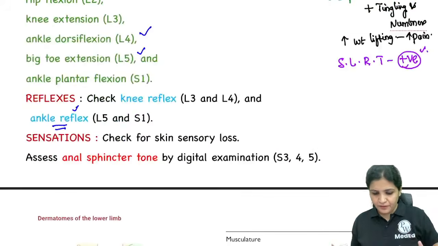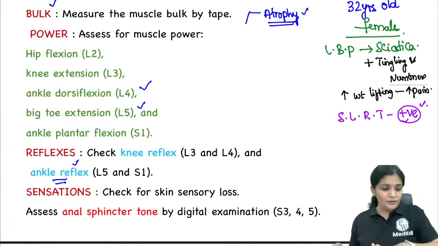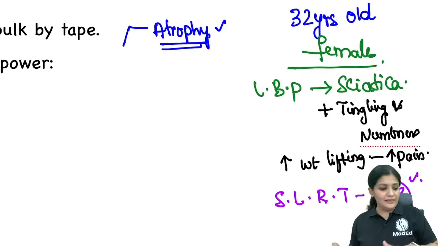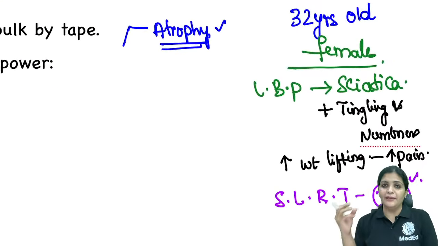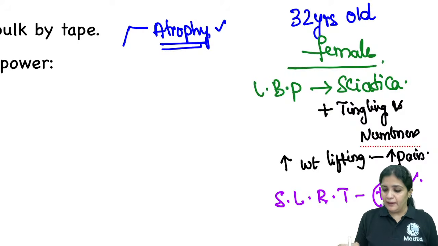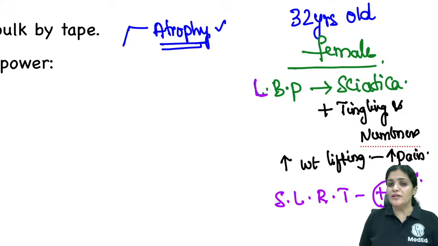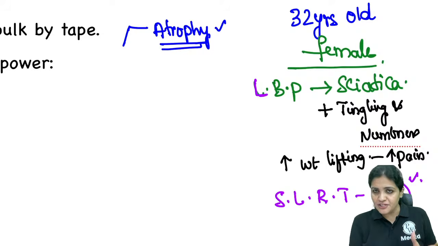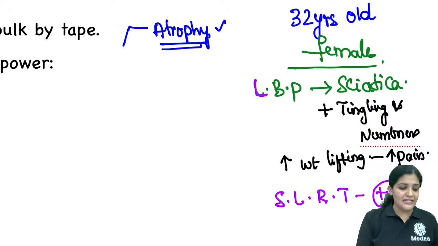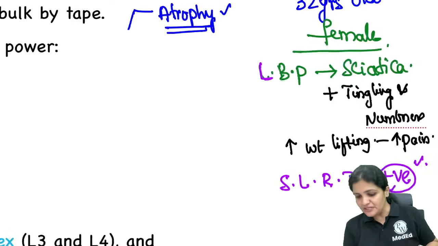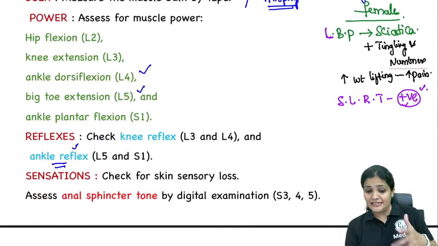Now I've told you this is a case scenario of a 32-year-old female coming with low back pain, and there is sciatica, that is, the pain is radiating from the buttocks towards the great toe, associated with tingling and numbness and pain exaggeration. On examination, you have seen that SLRT is positive.